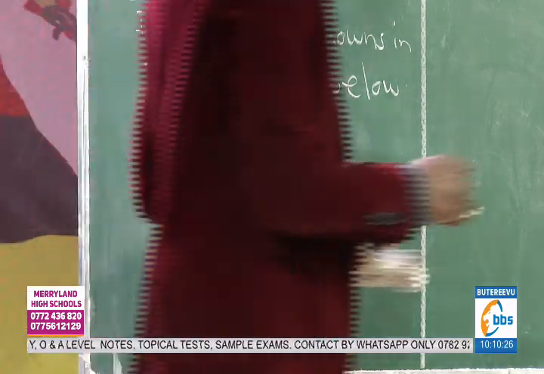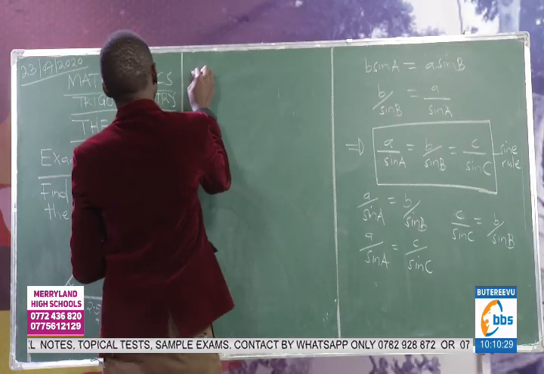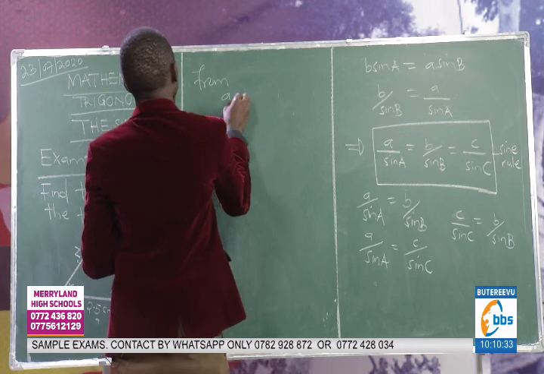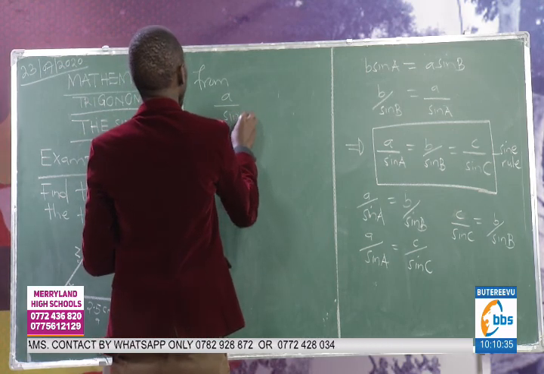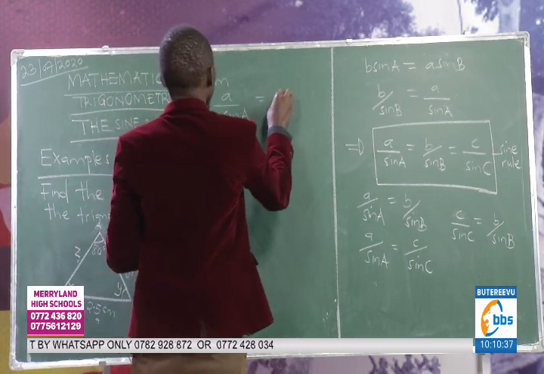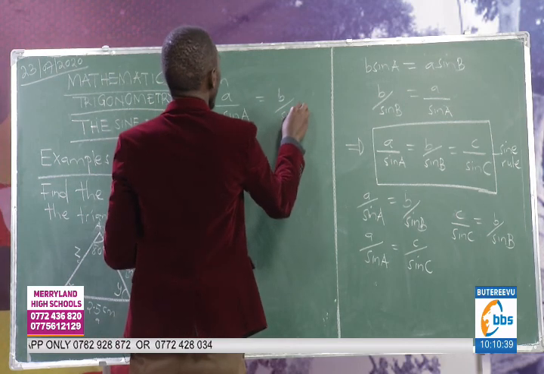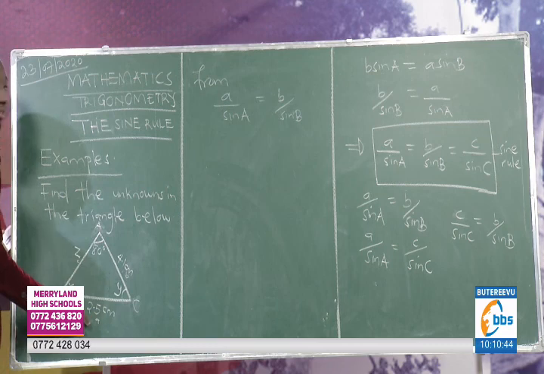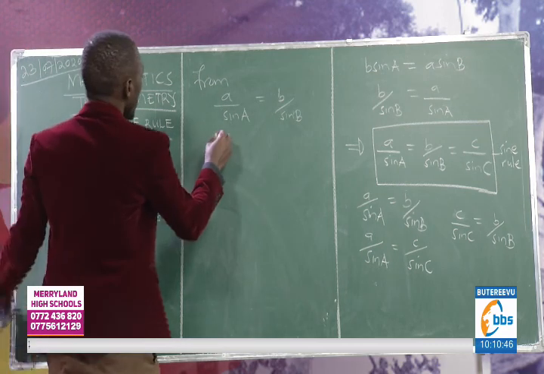Now, look at this. From the sine rule we have seen that a out of sine A is the same thing as b out of sine B. In this case, if you look at the triangle, my a is 2.5 centimeters and my angle A is 80.